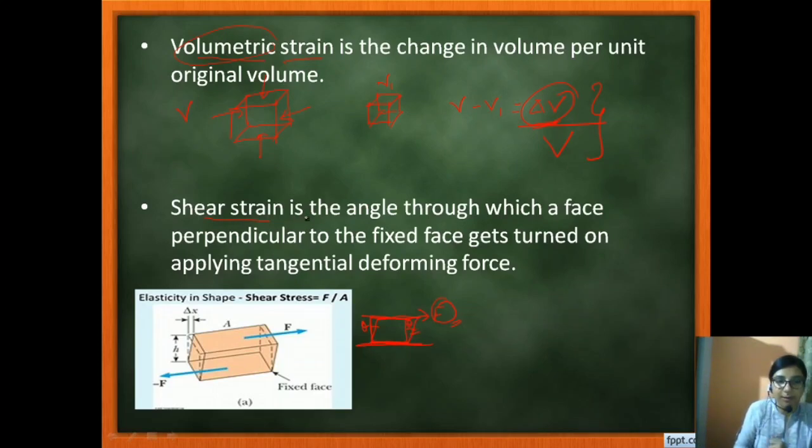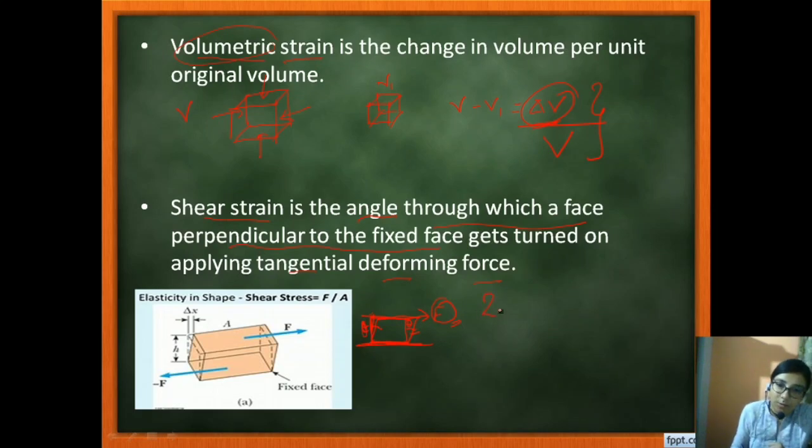Okay, so now let's define it. Shear strain is the angle through which a face perpendicular to the fixed face gets turned when we apply tangential deforming force on it. This angle is called shear strain.